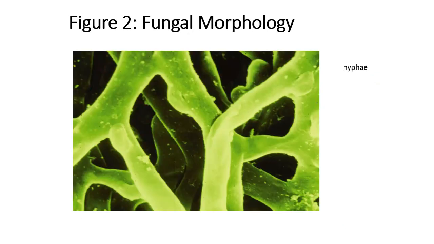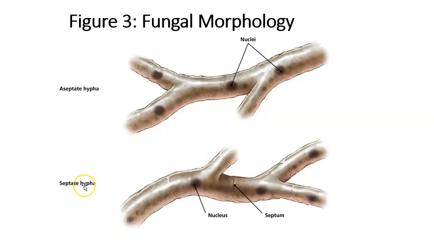Fungi also have what are like stalks, if you will, that are called hyphae. Okay, we have two different kinds of hyphae, aseptate and septate. And a lot of these organisms, we can differentiate them into their different classes based on looking at these hyphae.